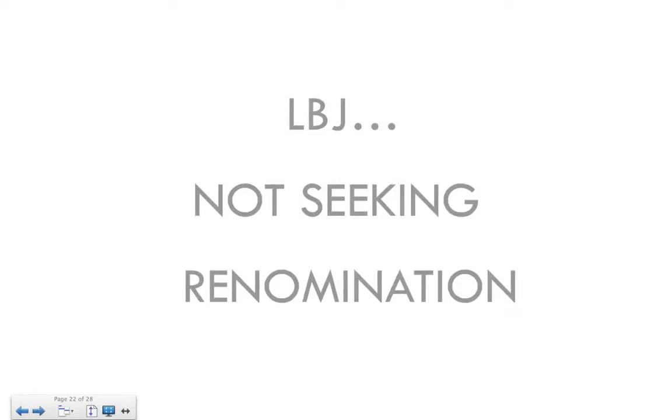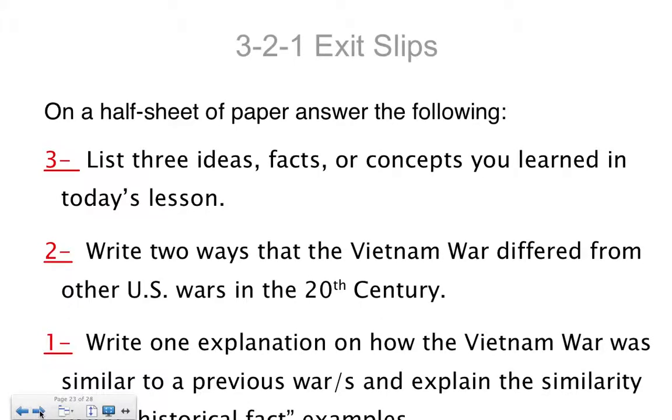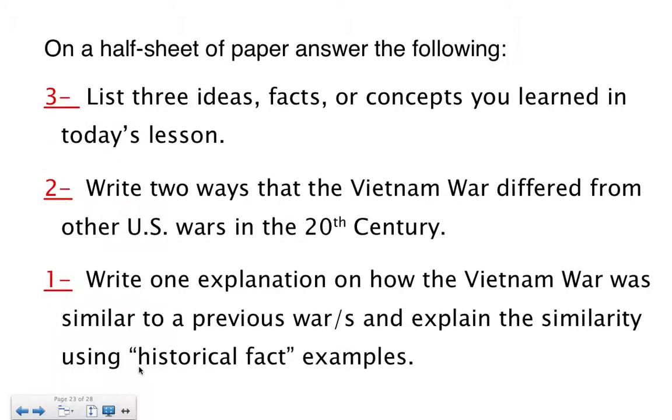And LBJ is not going to seek renomination because, again, he started out with the Great Society, which was domestic issues, and then towards the end of his second term, or his elected first term, he begins to focus on foreign policy, which again loses the support of the American public. All right, things to think about from the first two sections of chapter 33.